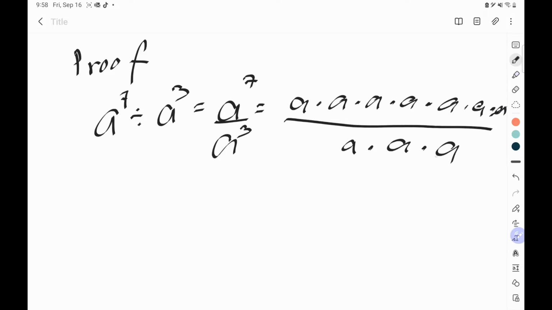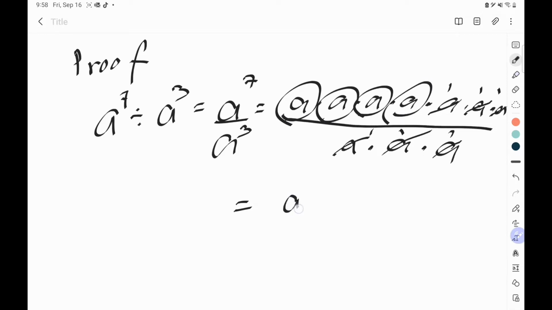So we can cancel this and this and this. So this is times 1 times 1 times 1. So what we have left here is 1, 2, 3, 4. We have a to the power of 4 times 1 times 1 times 1 divided by 1 times 1 times 1, which is still equal to a to the power of 4.